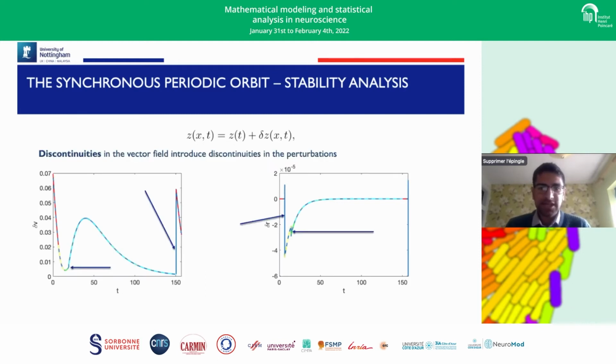For the most part, this is okay, because away from the switching events, our system is linear. But at the switching events, we do need to take care, because those switches induce discontinuities in the perturbation. So we need to make sure that we can effectively map across these discontinuities.